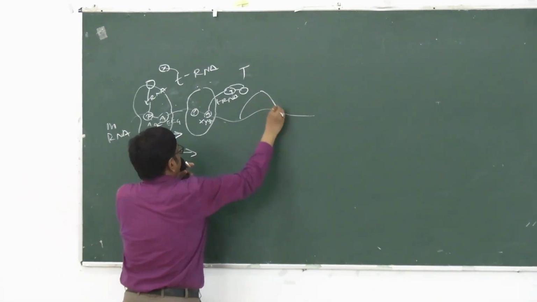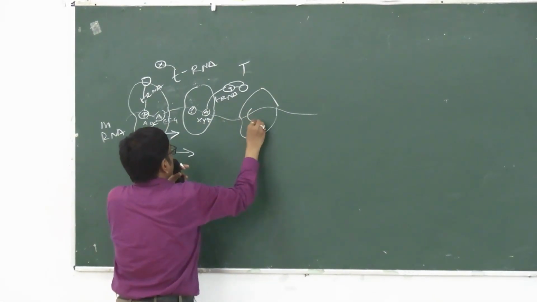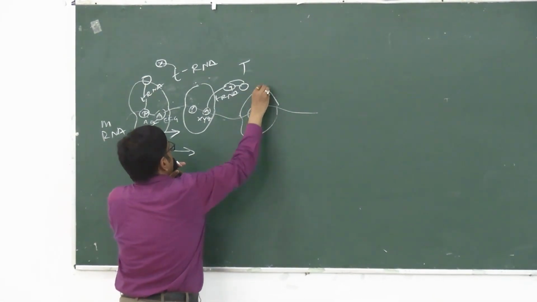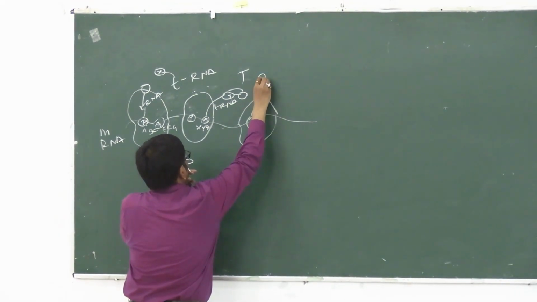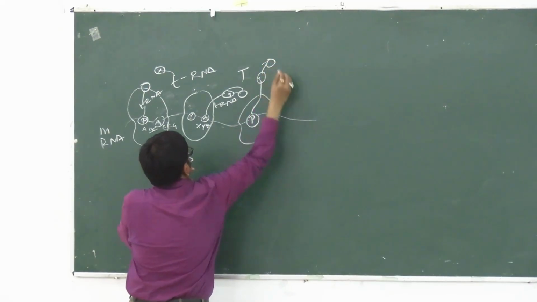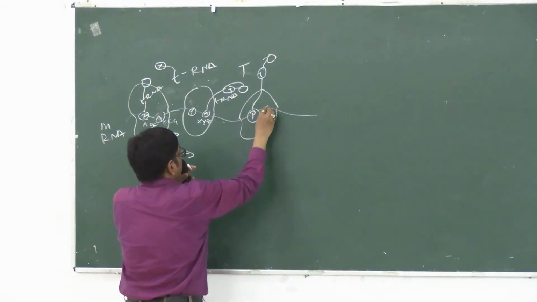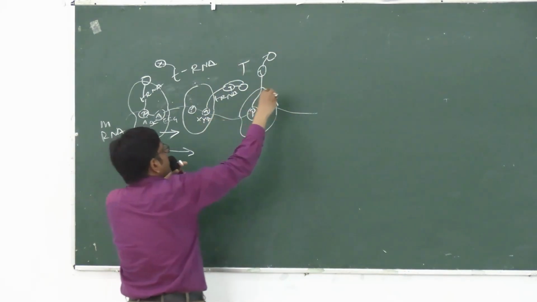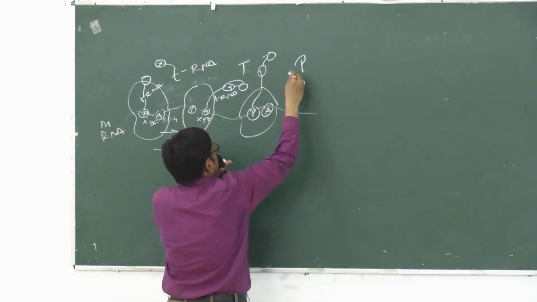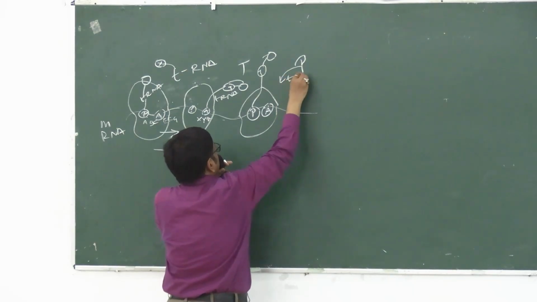Again, in the next step, in the P site, this tRNA will shift with these amino acids, and a new A site will be formed with new codons, and it will attract another new amino acid P, and that will be carried by a tRNA.